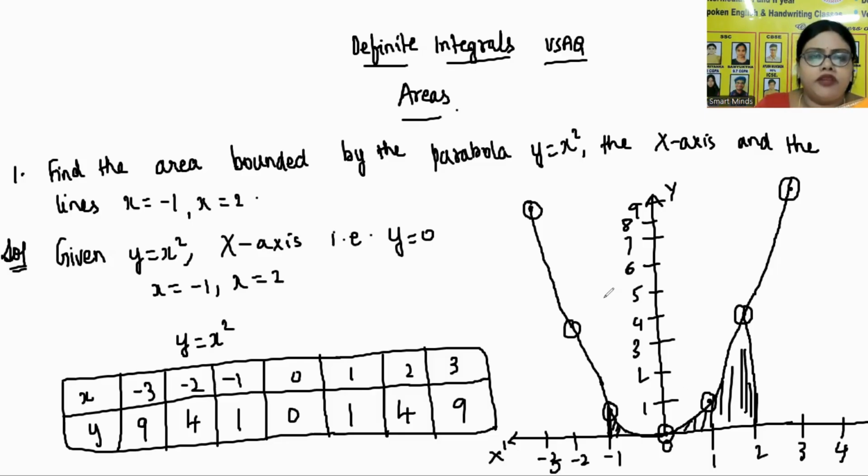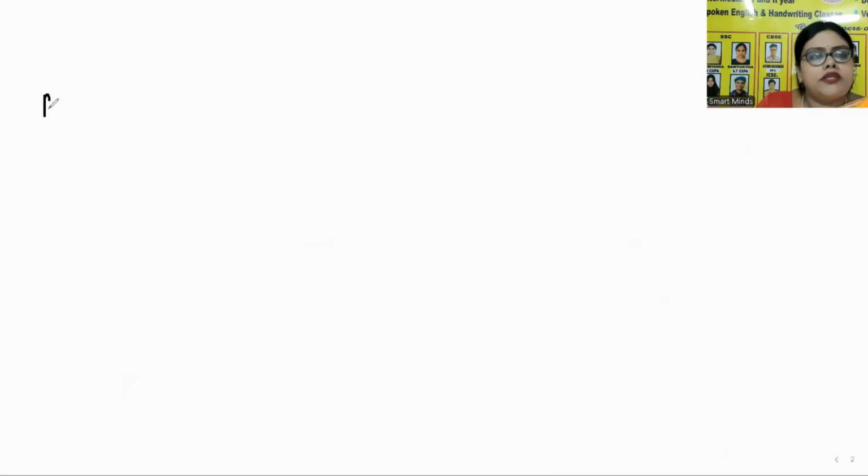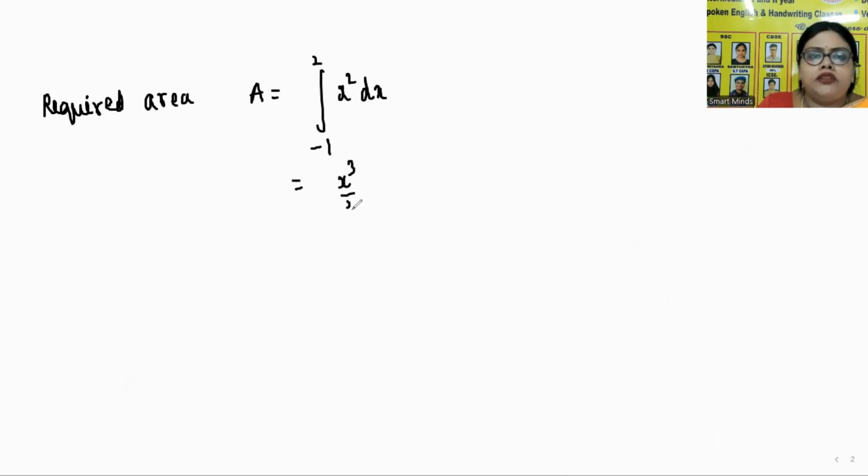Once you draw the figure, we need to integrate. So what is the required area? Required area A equals integral from -1 to 2 of x square dx. So the integral of x square is x cube by 3 from -1 to 2.